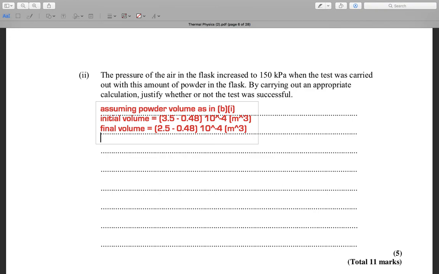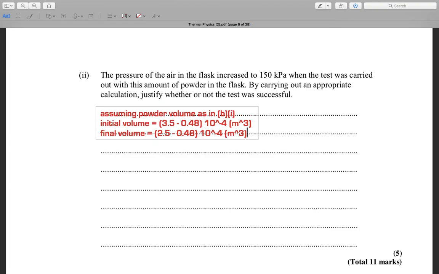So we get the final pressure using the formula of PV.